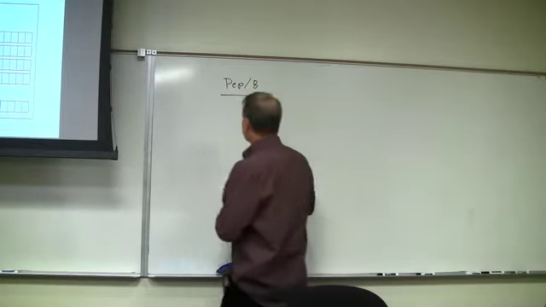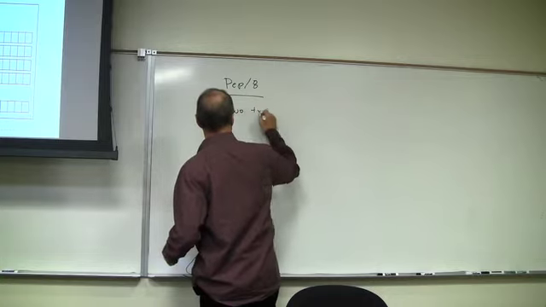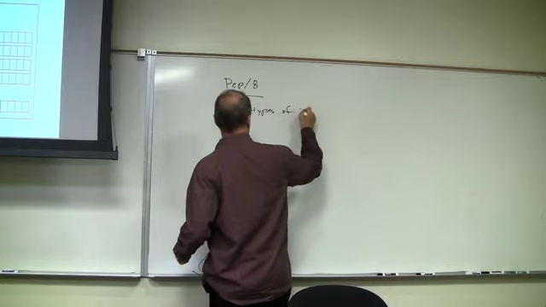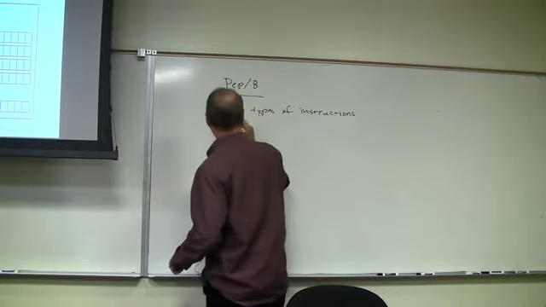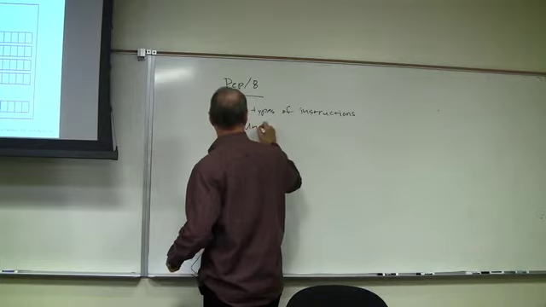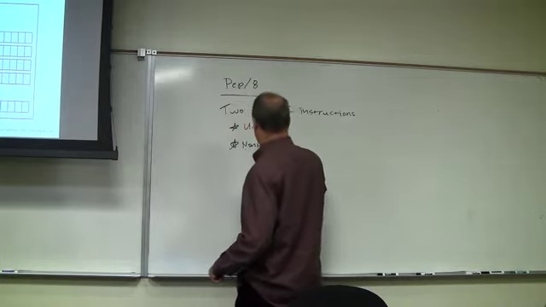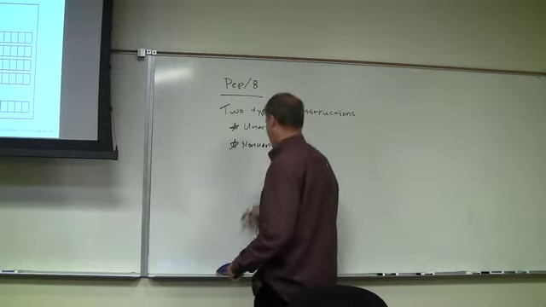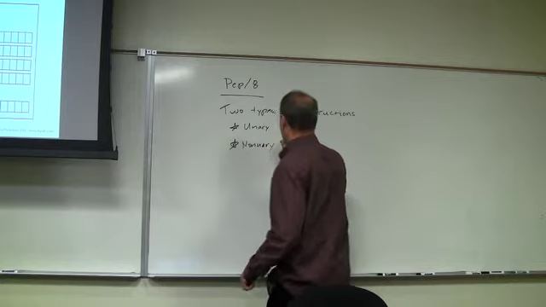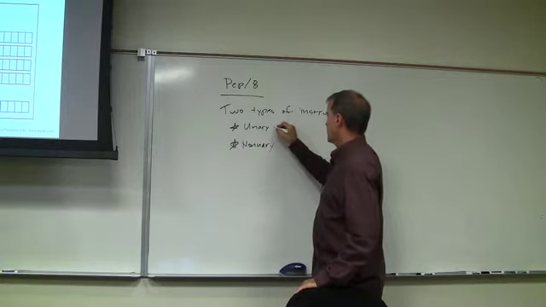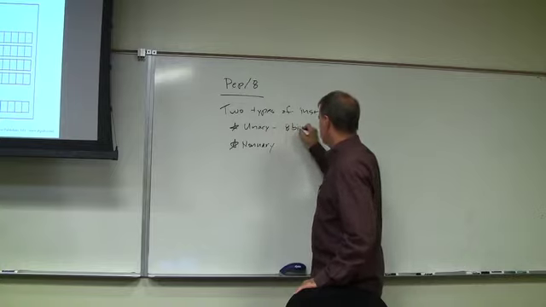Let's jot this down. Two types of instructions: unary and non-unary. Unary is 8 bits.